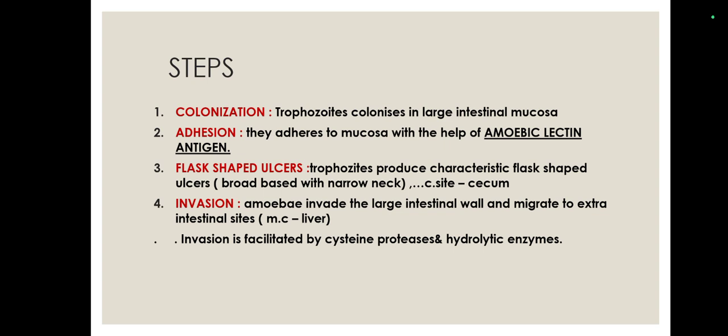We commonly see flask-shaped ulcers in the cecum. Next, these trophozoites invade the large intestinal wall and migrate to the extraintestinal sites and cause several complications. The most common site is the liver, where it causes liver abscess. This invasion is facilitated by cysteine proteases and hydrolytic enzymes.